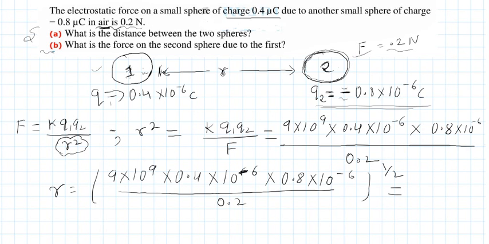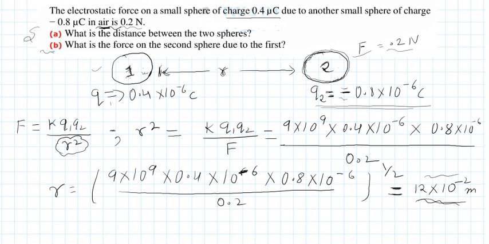After calculating you will get the value of 12 into 10 the power minus 2 meter, and that is the distance between the spheres.